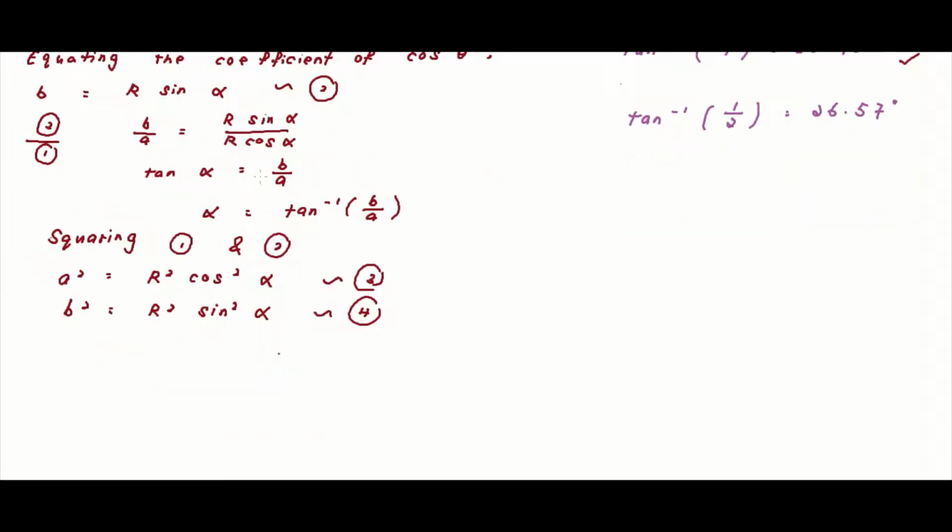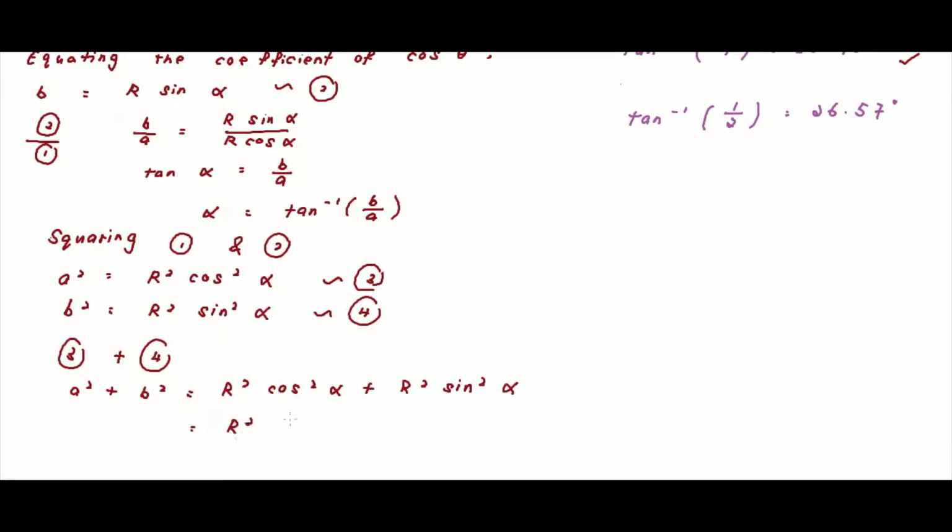So what do we need to do? You can see you have cos squared alpha and sine squared alpha, and we have one basic identity that when you add these two, it gives you 1. So we use 3 plus 4. You get A squared plus B squared equals R squared cos squared alpha plus R squared sine squared alpha.